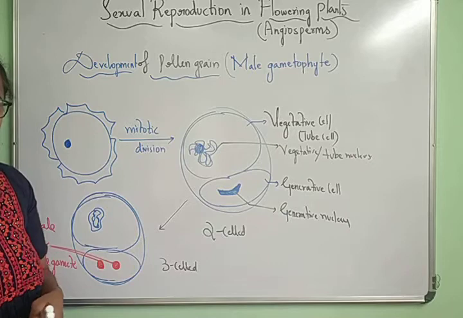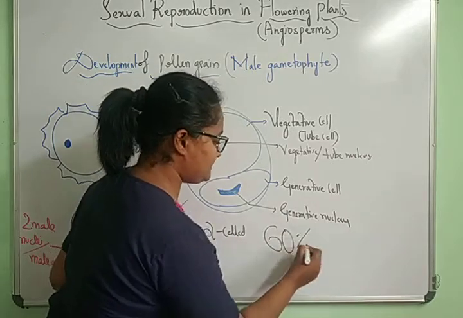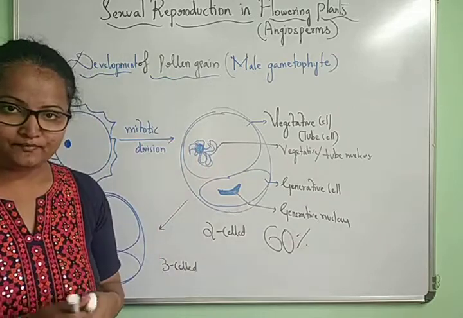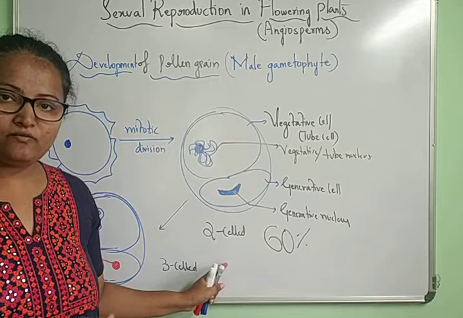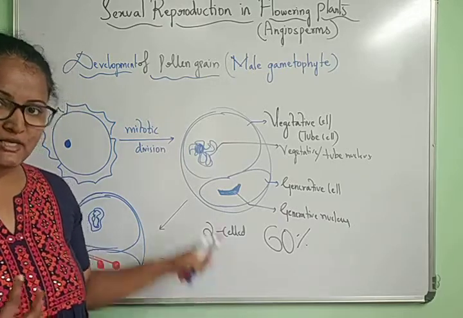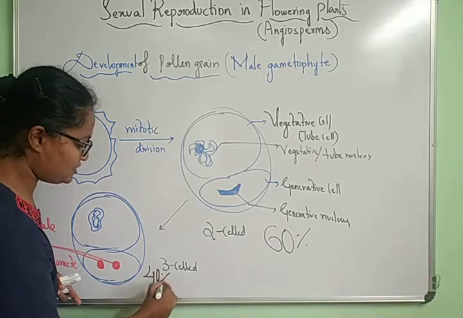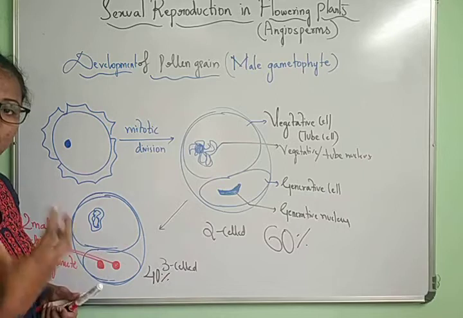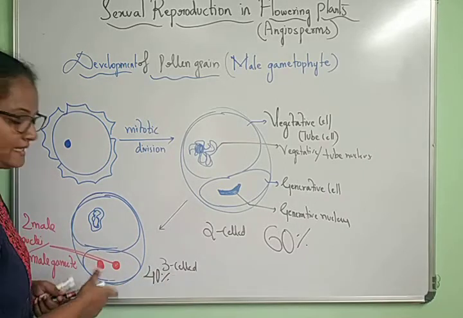In angiosperms, in the maximum, that is 60% of plants, the pollen grains in the anthers will dehisce, or come out and disperse, at the two-celled stage. In the remaining 40% of angiosperms, the pollen grains are dispersed at the three-celled stage.